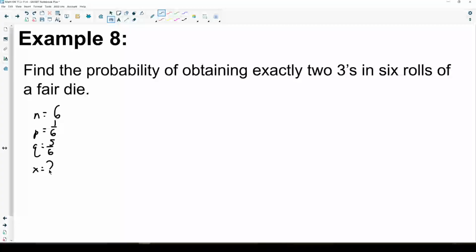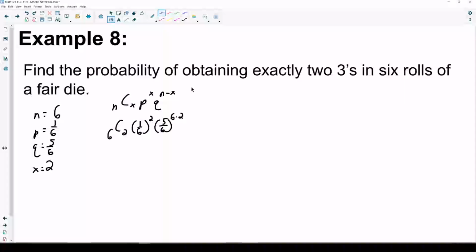And I'm looking for 2 of them, so my x will be 2. Again, nCx times p to the x times q to the n minus x. Now we'll plug it all in. 6 choose 2 times 1/6 to the 2nd times 5/6 to the 6 minus 2.